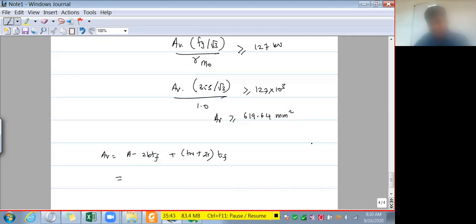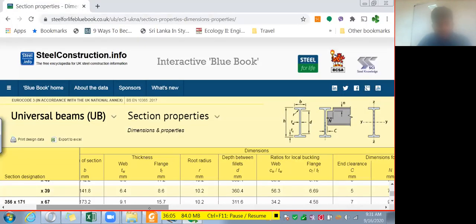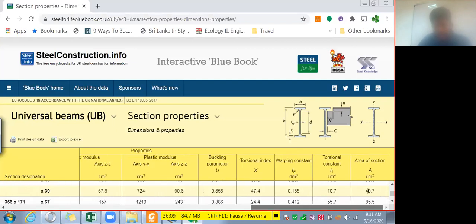If you take the I section, as I told you day before yesterday, A is the gross area. For that section, the gross area is 49.7 centimeters squared.